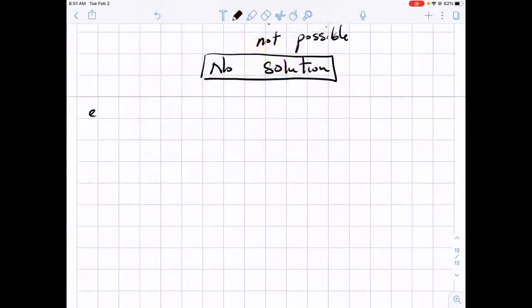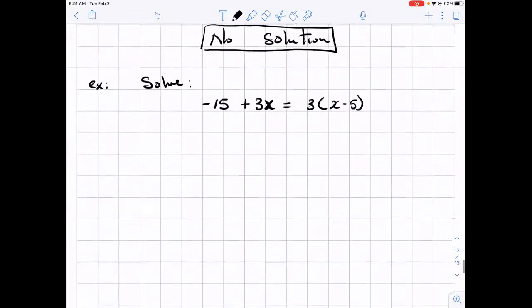Example, solve. Suppose I have minus 15 plus 3x is equal to 3 parentheses x minus 5. Now we have a parentheses and there's nothing to simplify, so we will distribute on this side.